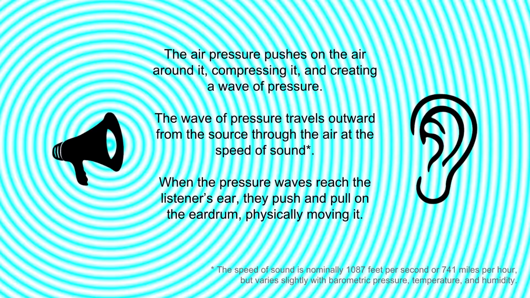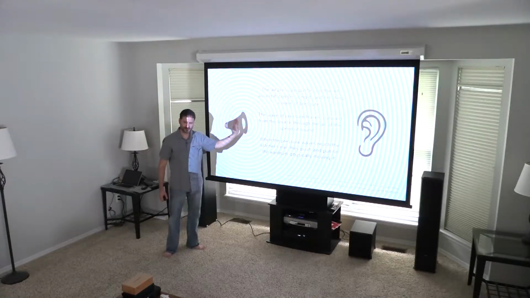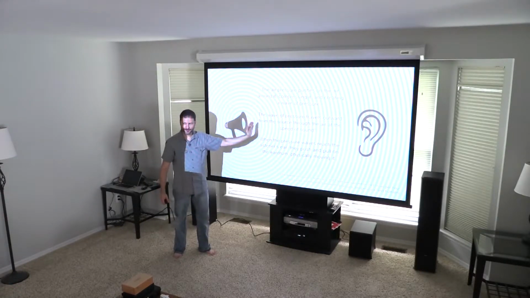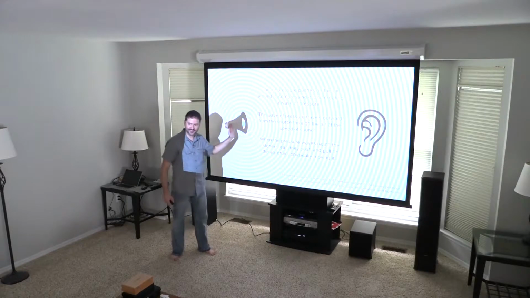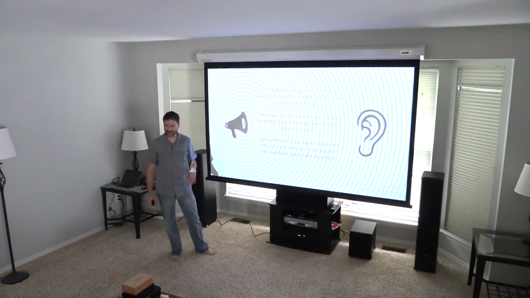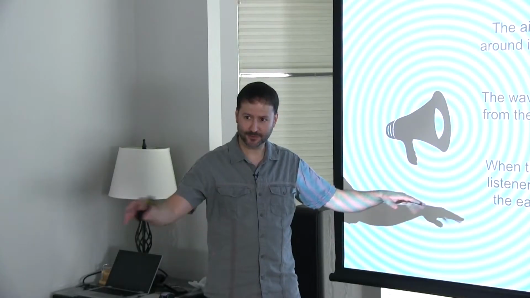So the sound pressure starts at the source, and that pushes on the air molecules next to it, which push on the air molecules in front of that, and it's a cascading, rippling wave effect, just like when you drop a pebble in still water and it ripples out in waves.